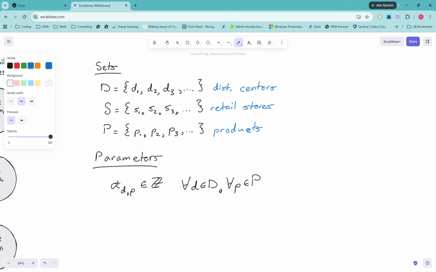So this is the parameter that is indexed on the set of distribution centers and the set of products. This symbol here is an element of, so an element of the scripted z is the set of integers. And then this upside down symbol is for all, so for every d inside the set of distribution centers, and for every p, an element of p, so that's for every product in the set of products here.